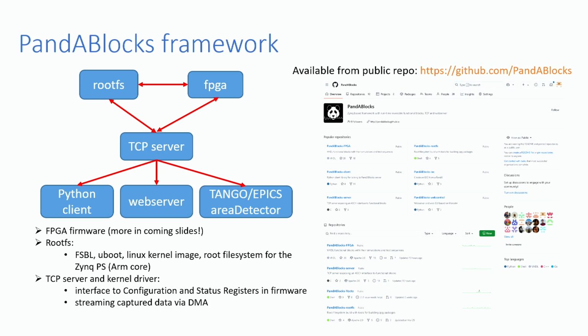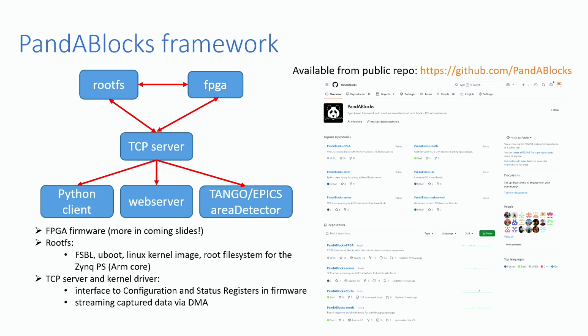We have obviously the FPGA firmware itself, which I'll talk more about in coming slides. The root file system for the Zynq, for the PS part of the Zynq, which contains, of course, the first stage bootloader, U-boot, kernel image, etc. And then also a TCP server and kernel driver, which allows us to communicate with the running device.